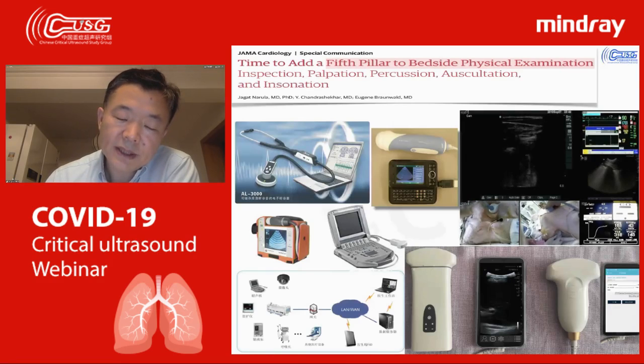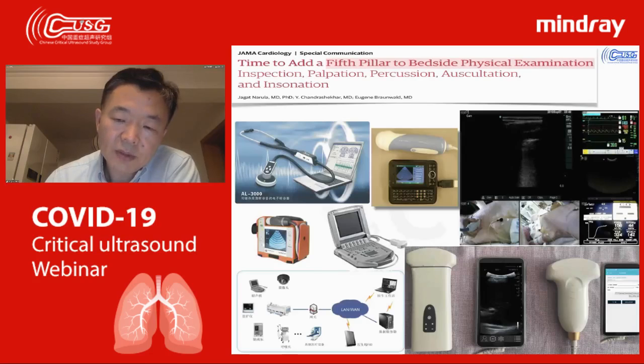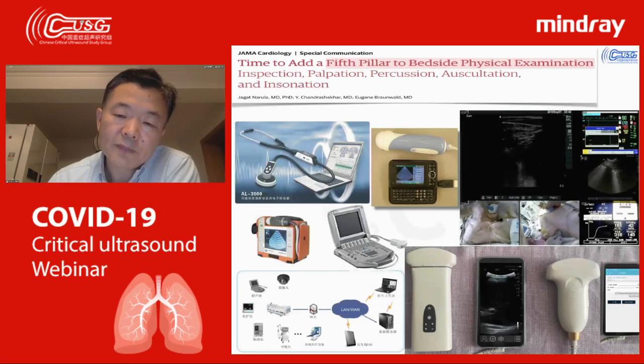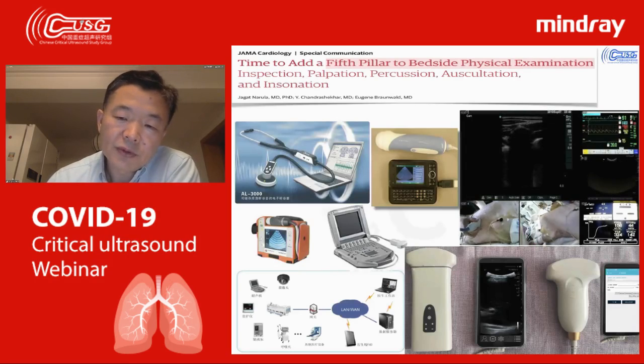In this condition, it is very difficult to gather information using a stethoscope, because you usually wear maybe three pairs of gloves. So it makes your feeling, your action very difficult. So the ultrasound now is a much better, much more useful tool to help us.